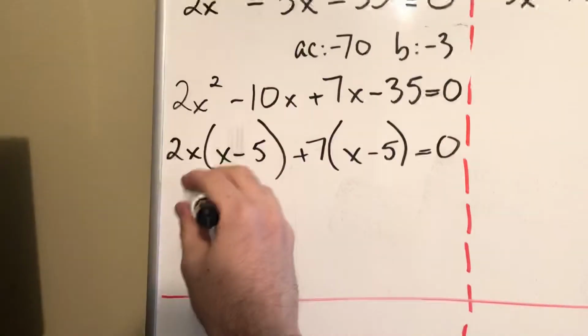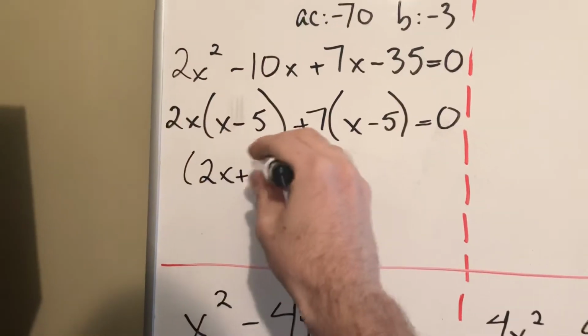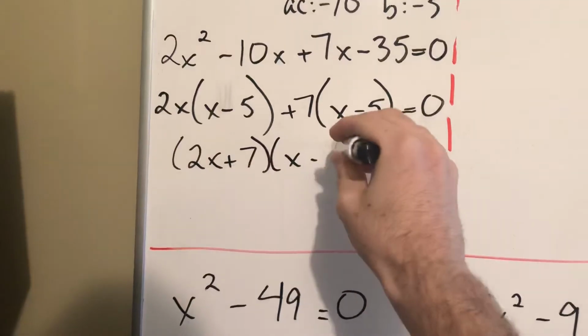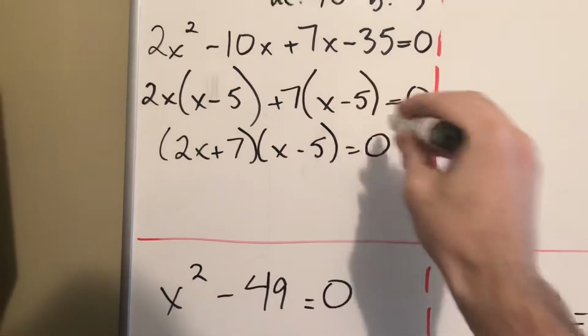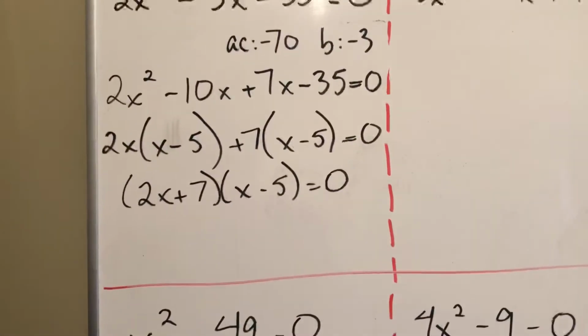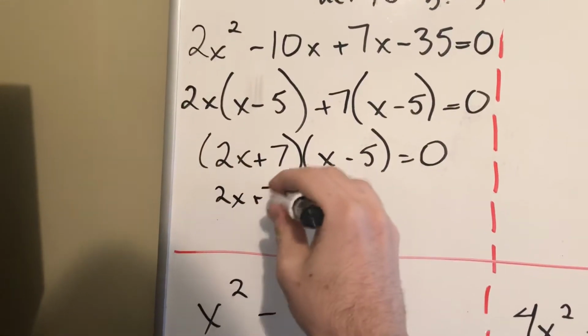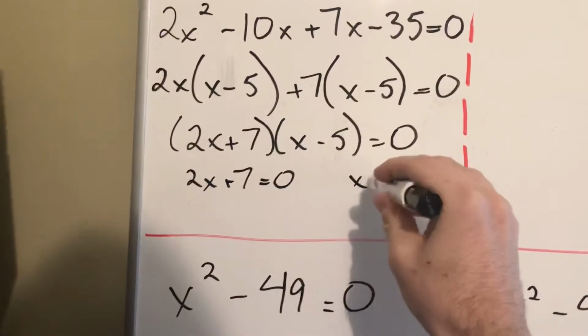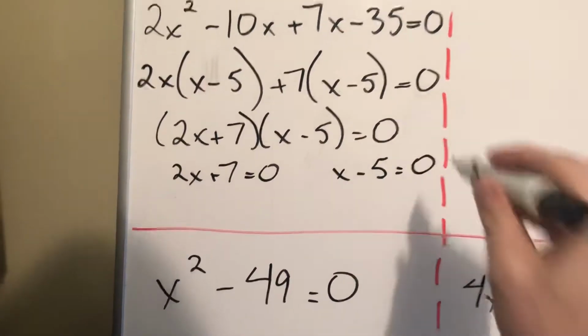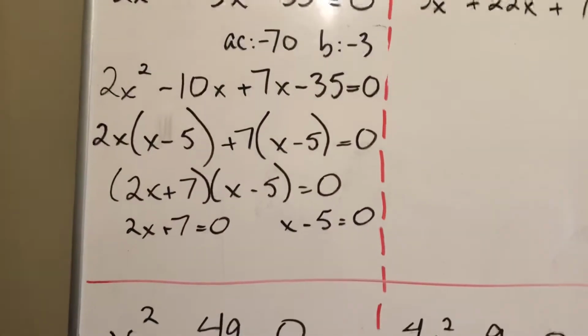Let's factor this completely. And now I use the zero product property. 2x plus 7 could equal 0, and x minus 5 could equal 0.